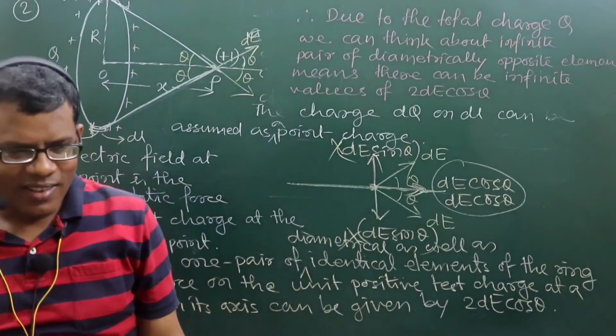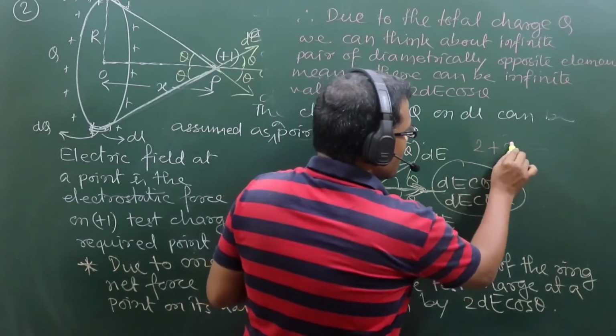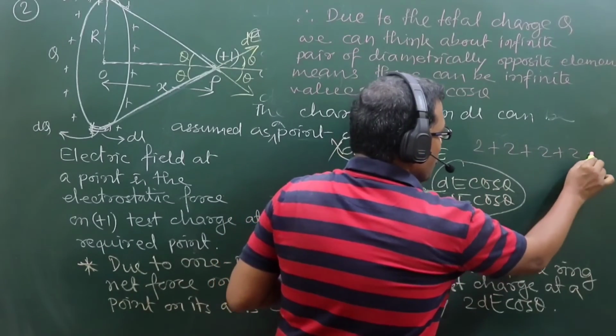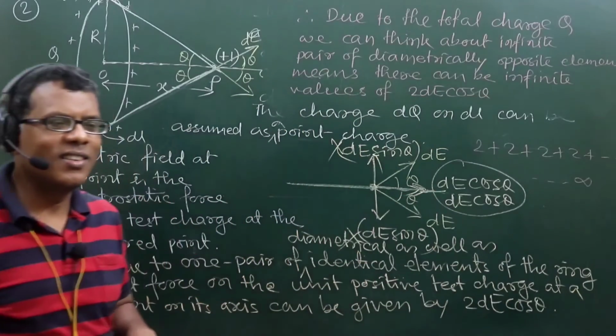How will you add it? If you are asked to add 2 plus 2 plus 2 plus 2 continued until infinite steps, what will be the result?